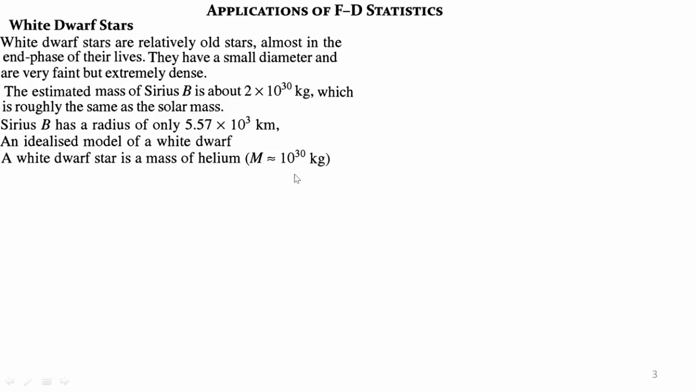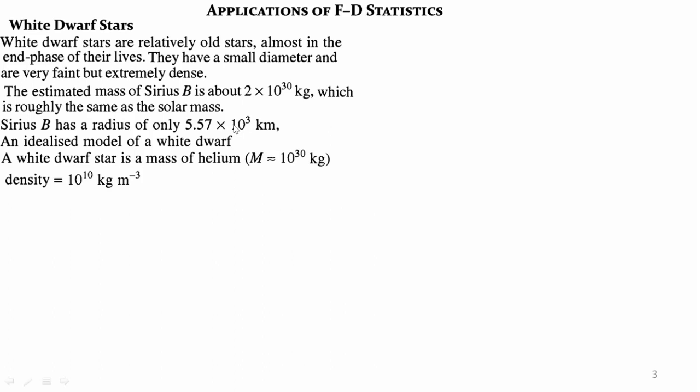In general, it has been known that the mass is of the order of 10 to the 30 kg, and it is mainly helium which is left there because most of the hydrogen has burnt out, since the star is in its last stage, so it has mainly helium as its constituent matter.